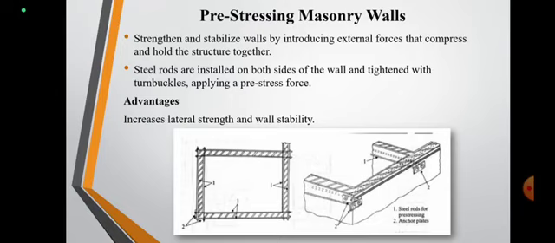Steel rods for pre-tensioning and anchor plates are used on both sides, as shown in the figure, and the wall is tightened with turnbuckles, and due to this we can give it a pre-tension force.